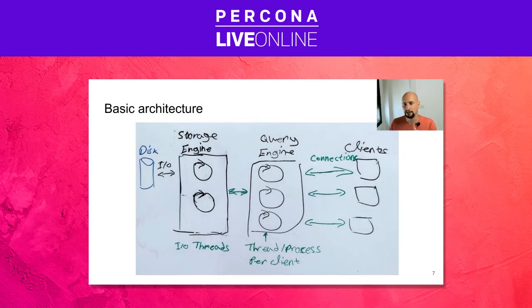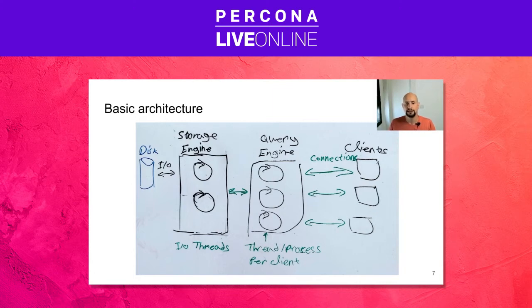You have clients connecting, and each client has a connection, usually a TCP connection, and on the database side, you have a thread per client or per connection, or a process per client if it's Postgres. Postgres has a process per client. And those threads would communicate with the client and also execute the query. So they have the query parser, they have the query cache, and all kinds of stuff like that. They have their own buffers for sorting and stuff like this.